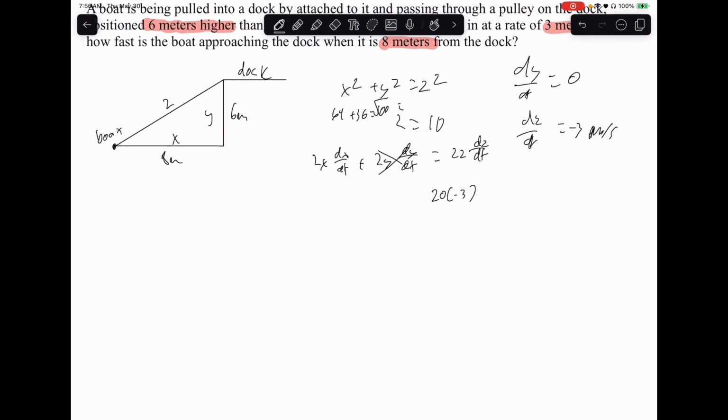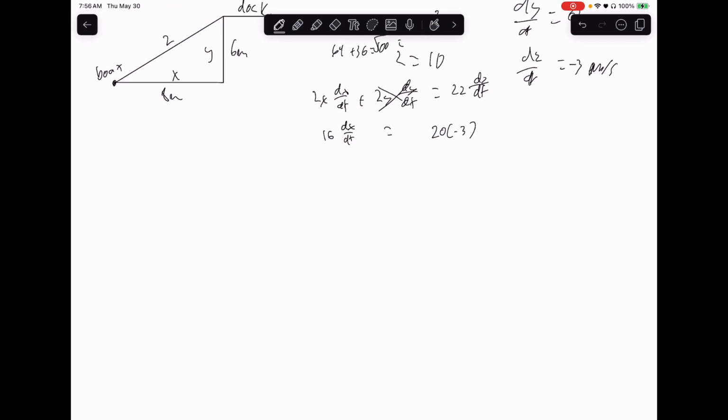We do not know dx/dt, and we're trying to solve for it, so we input the values that we know, so it's 16 dx/dt equaling 20 times -3, which would equal -60.